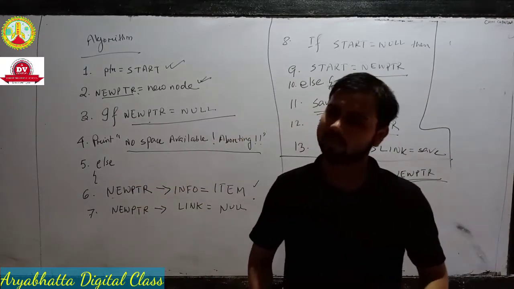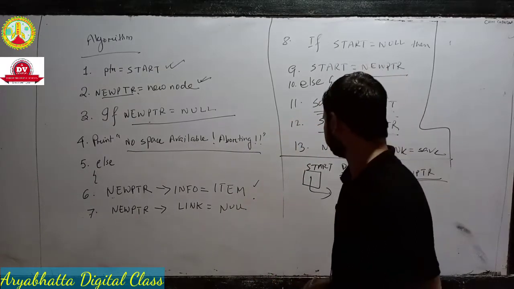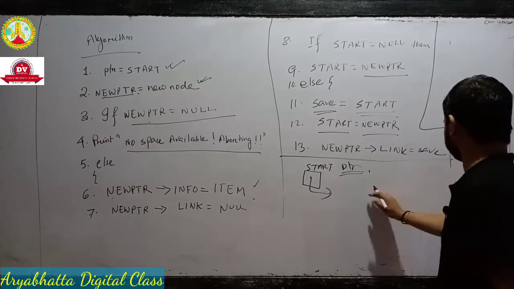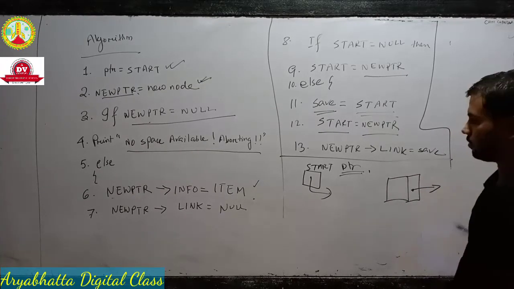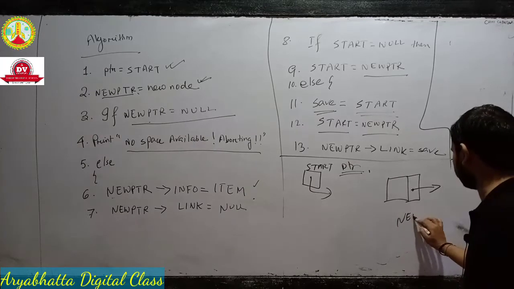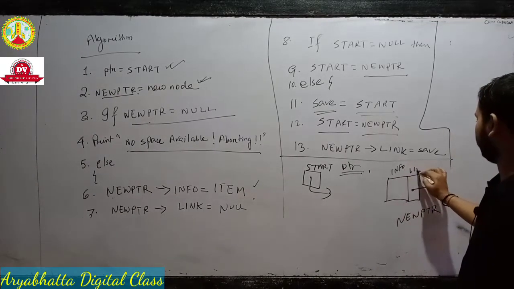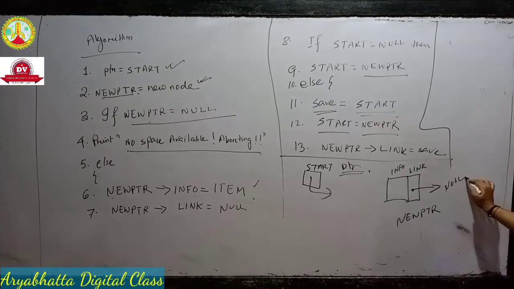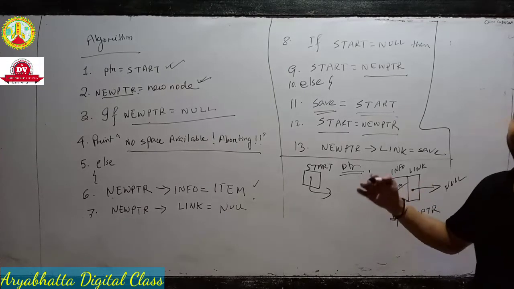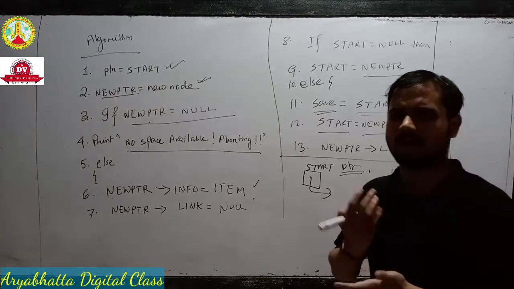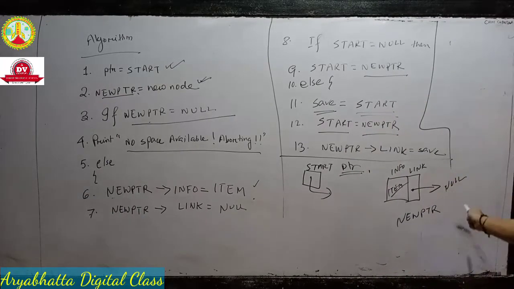Else, if the new node is created, then we create a new node: this is new PTR, with an info part and a link part. The link part will be null, and the info part contains any item, any valid C++ data type, int, character, float, any.